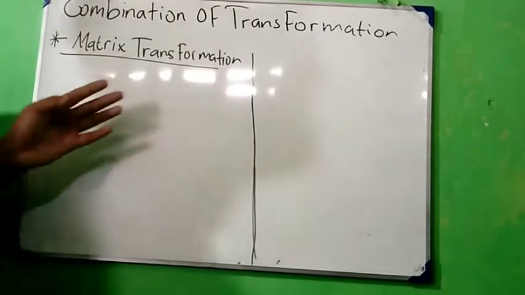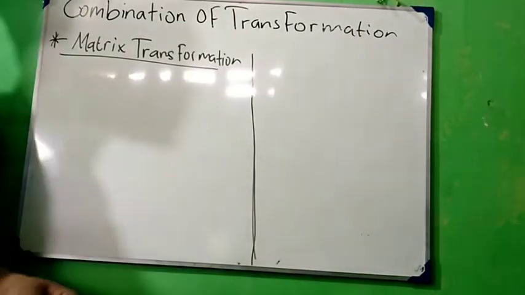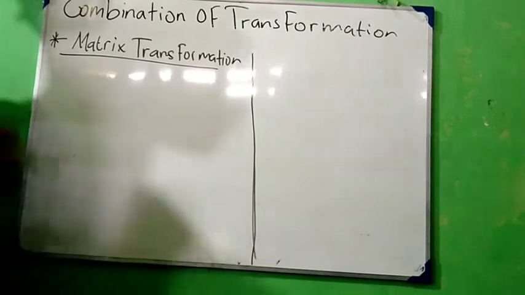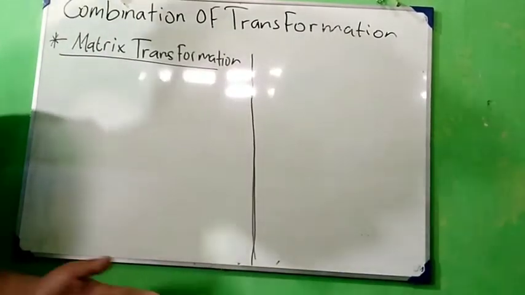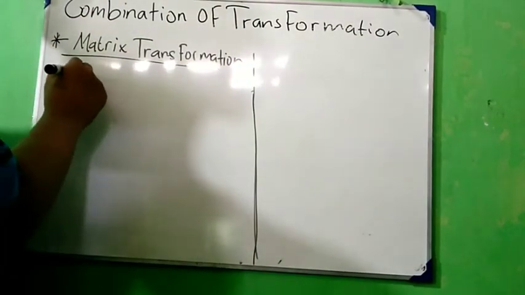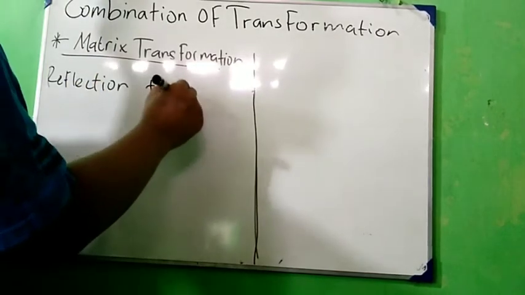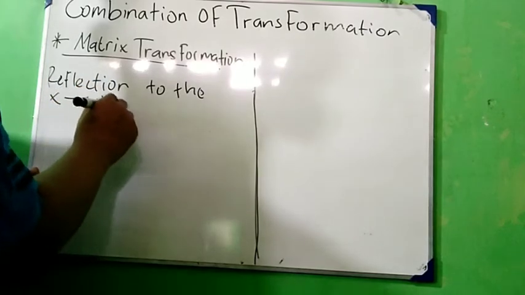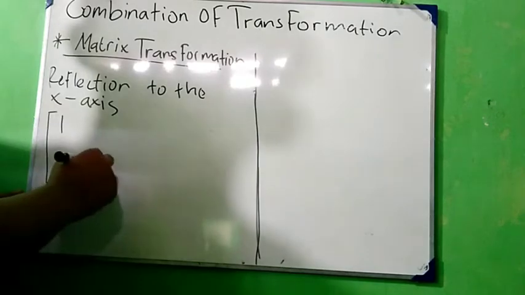So this is the second method of solving the problem. We use the matrix transformation of each process. As we know, each process has a specific matrix. For example, reflection to the x-axis, the matrix is 1, 0, 0, minus 1.